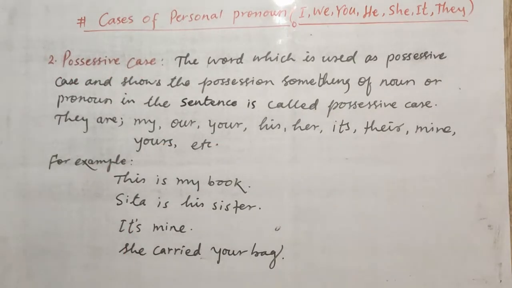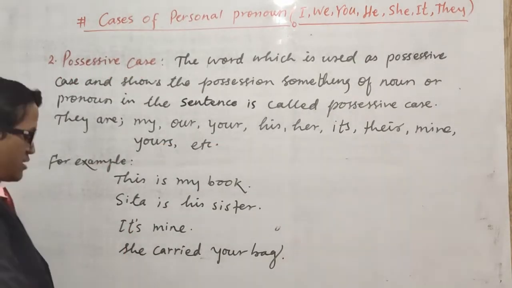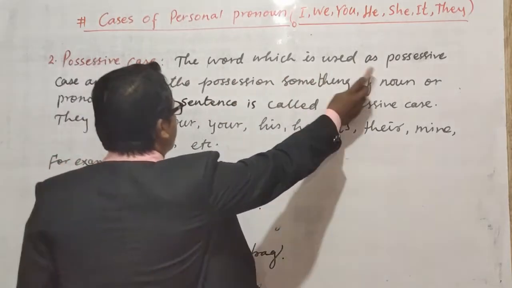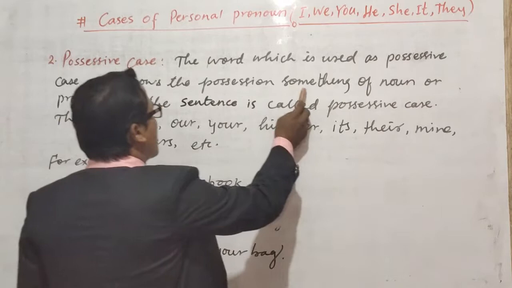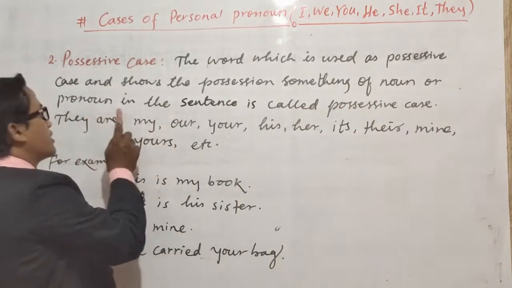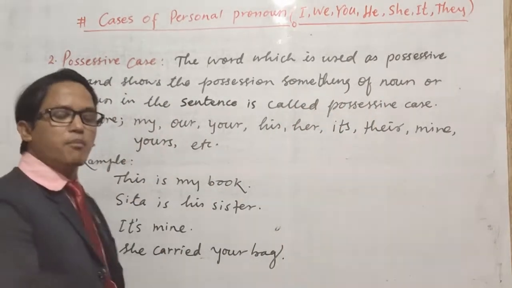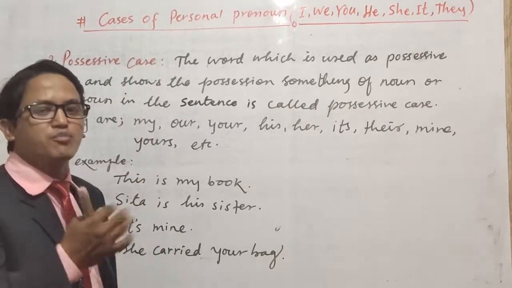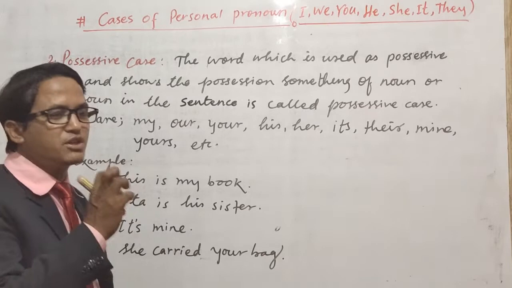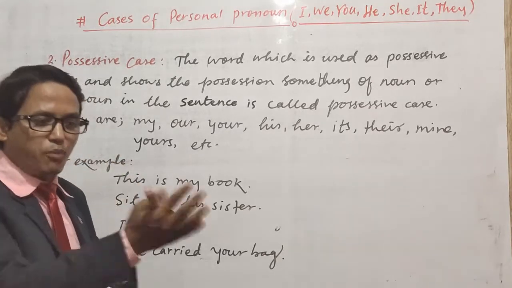Now possessive case. What is possessive case? The word which is used as possessive case and shows the possession of something of a noun or pronoun in the sentence is called possessive case. It always shows the possession, something of somebody, it possesses.